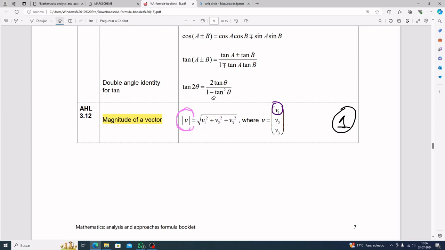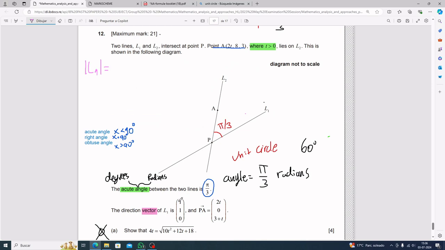So how does that look in action? We will have the square root of my first value, so this 1 squared, plus this 1 squared, plus this last one squared. So the magnitude of L1 ends up being simply the square root of 2, because 1 times 1 gives 1, plus 1 times 1 gives 1, and 1 plus 1 is 2, right?